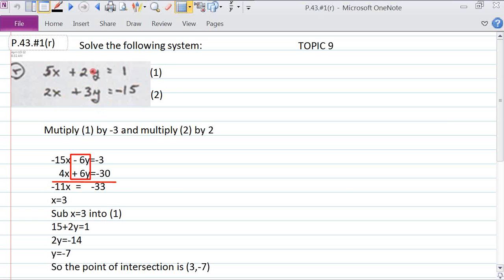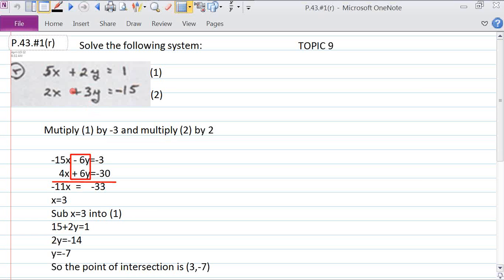So here I'm going to make this 2y into -6y. And in order to do that, I multiply each term in equation 1 by -3. So I get -15x -6y equals -3.